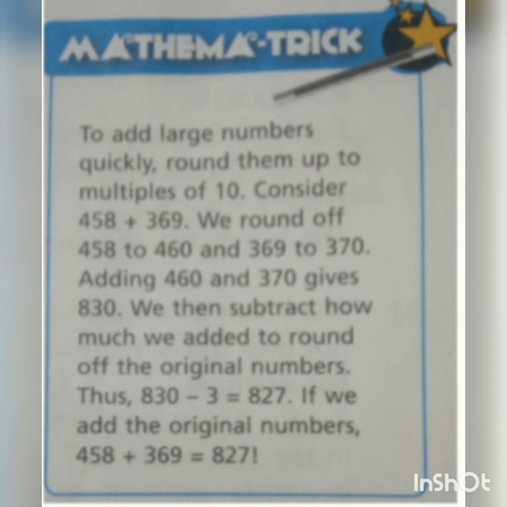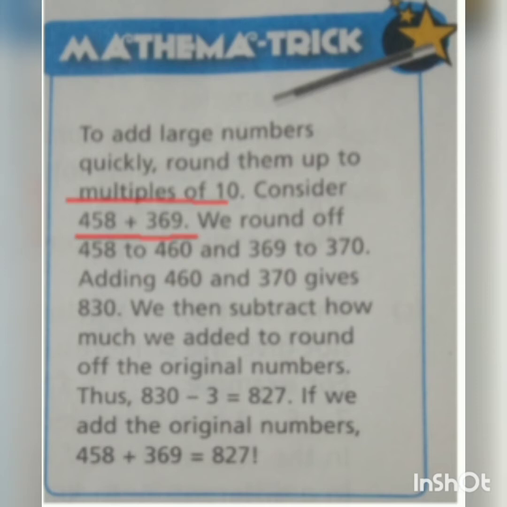Trick number 1: in some cases we feel difficulty to add numbers, so to add large numbers quickly, first round them up to multiples of 10. Consider 458 plus 369.